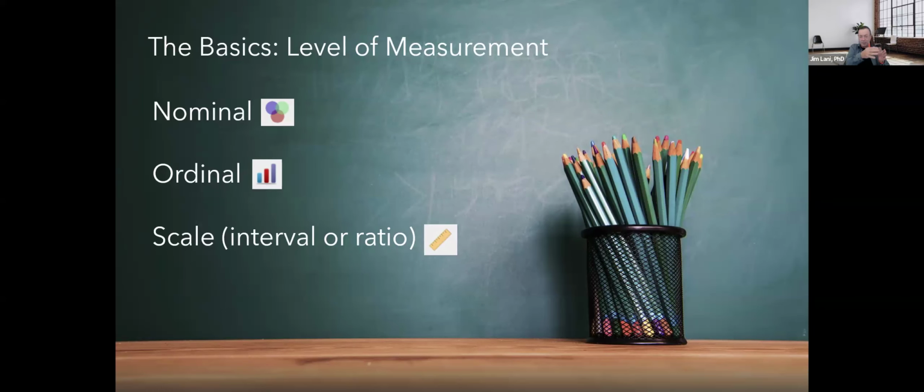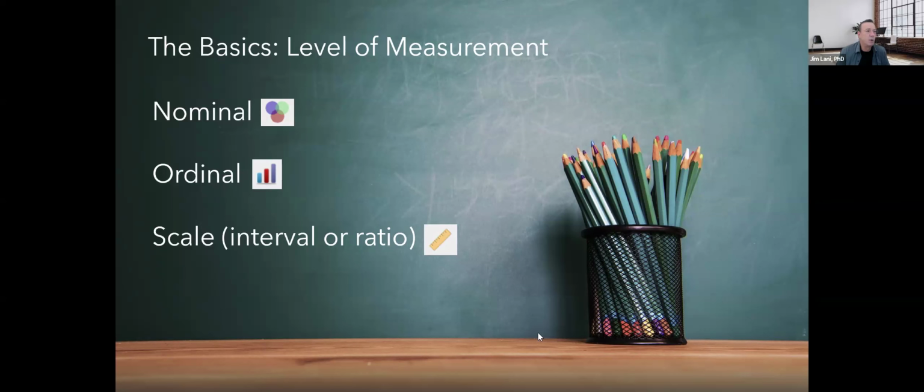If I have strongly disagree to strongly agree, the basic rule of thumb is if you have 5 or 7 points, you can treat it as a scale variable. If it's 4 or 3, then you cannot. Maybe Melissa, you can throw that into the Q&A or into something that people can see from the website that speaks to that, because it does come up.